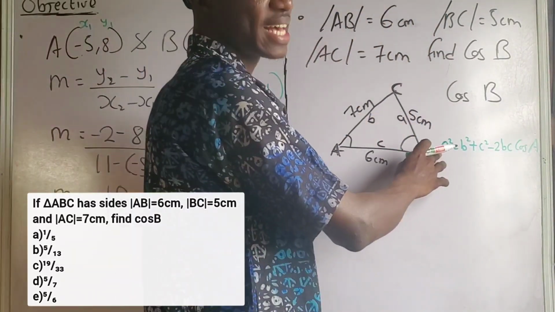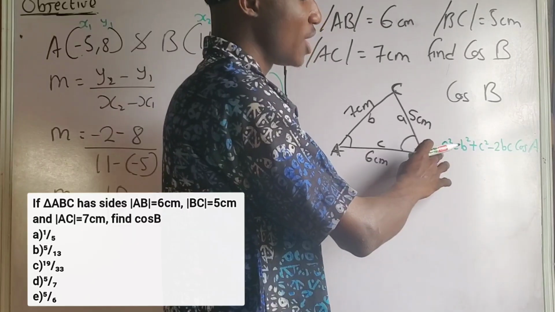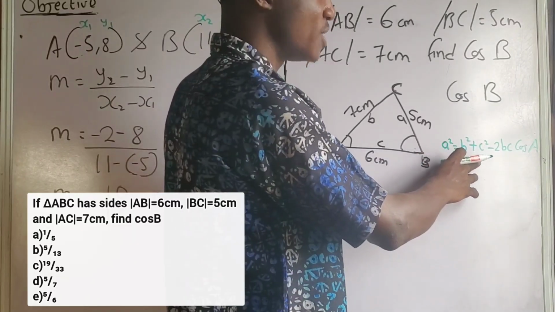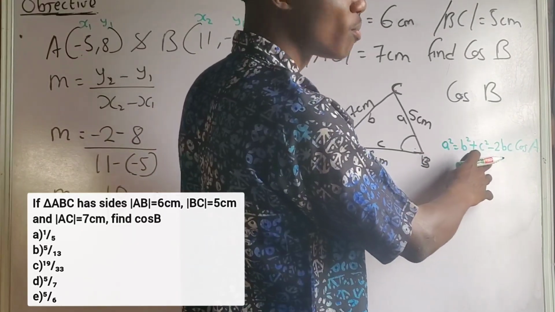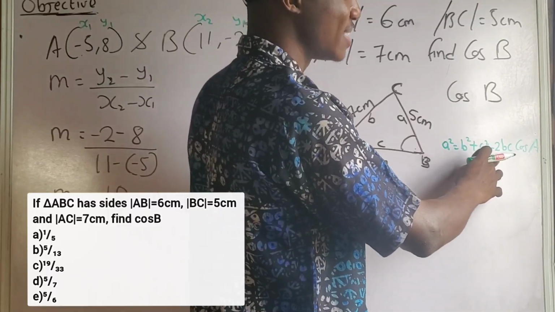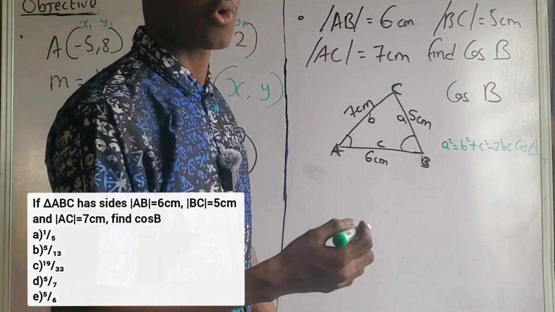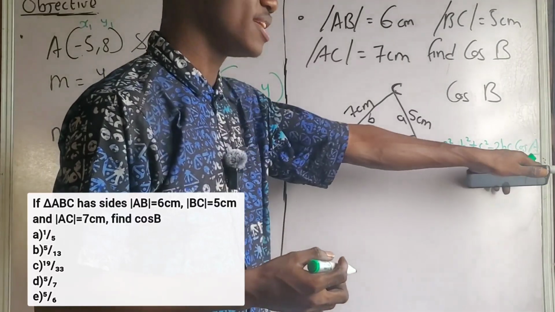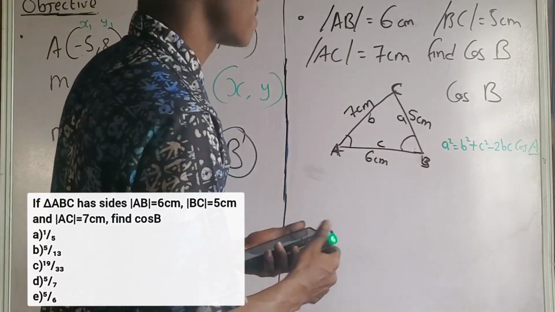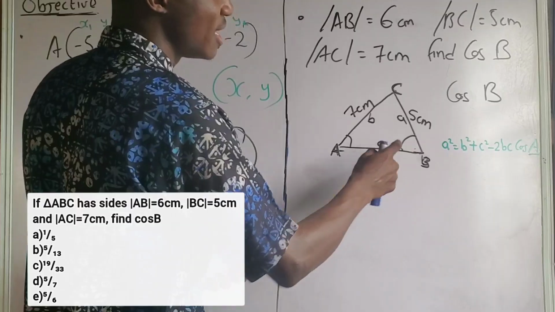The square of the side that you are looking for equals the sum of the squares of the other two sides minus 2 multiplied by the product of the other two sides times cos A. This A is the angle that the side you are looking for faces. Do you understand?